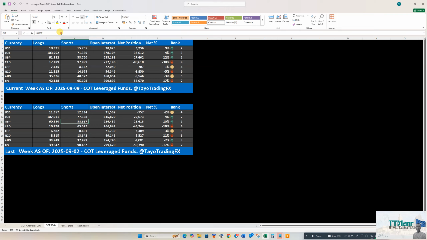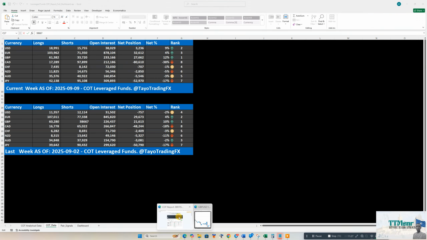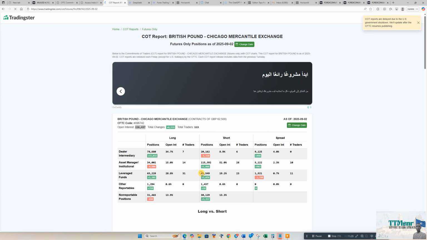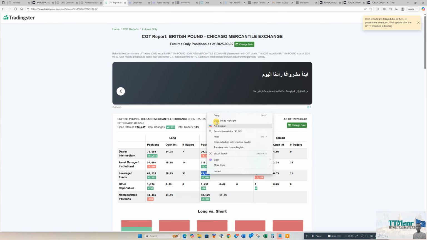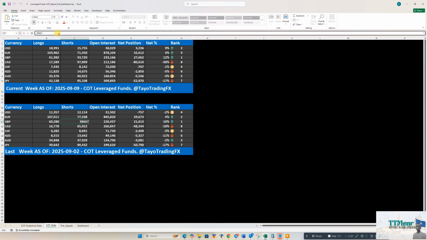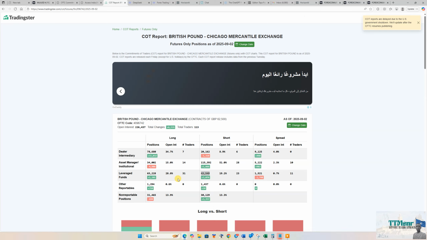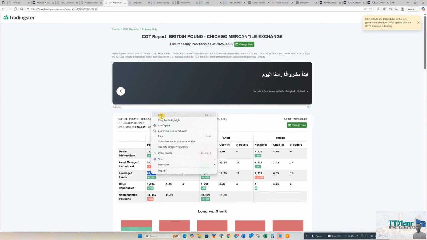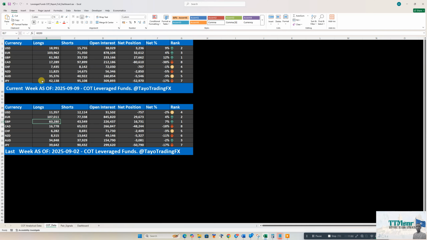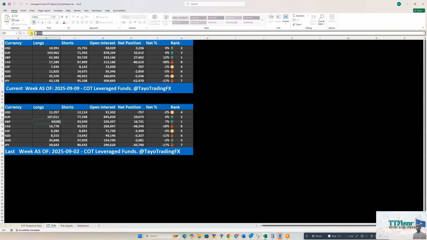Then the short position will be there. Okay, here we will have the long position, and boom.